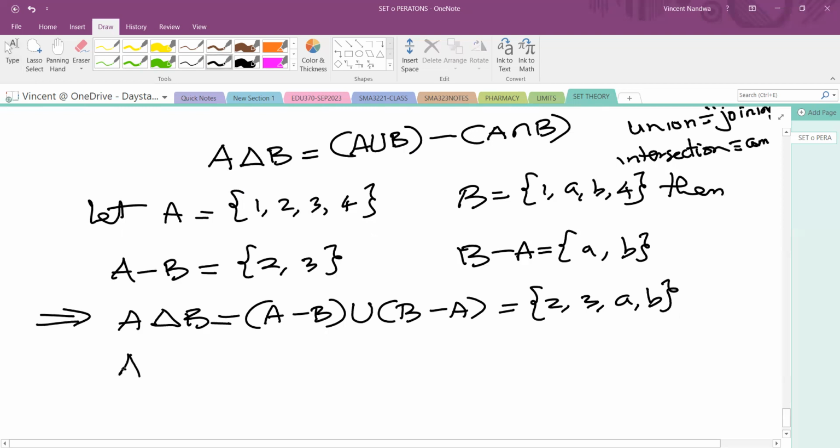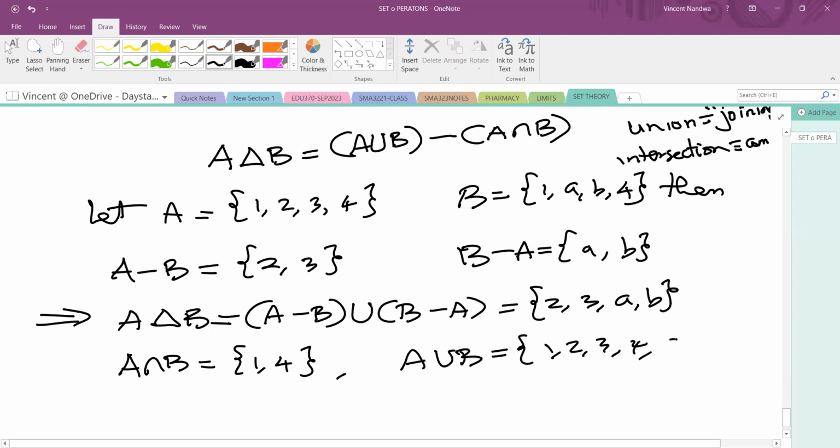If we were to determine A intersect B, then you see that I will have {1, 4}. That's what is common to A and B. And A union B will be {1, 2, 3, 4, a, b}.